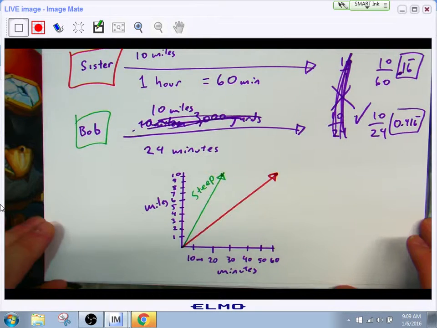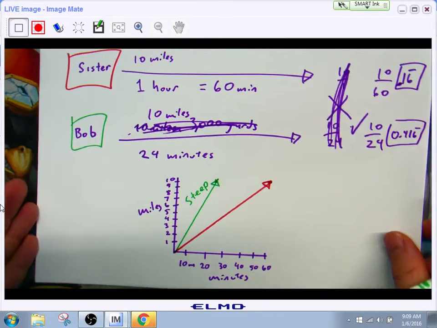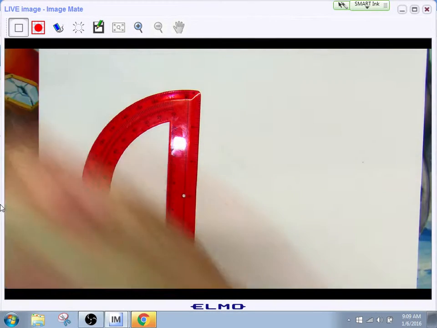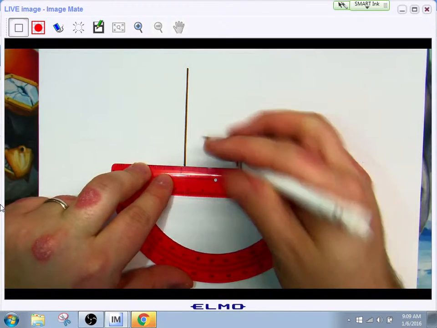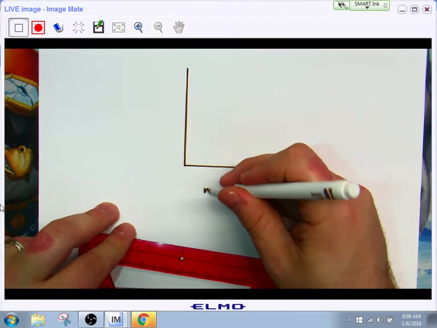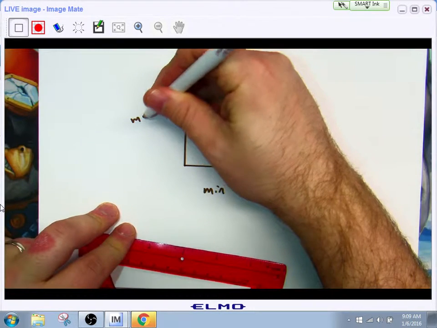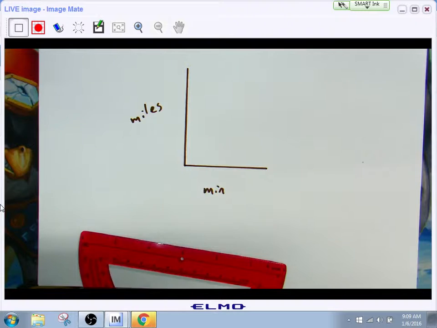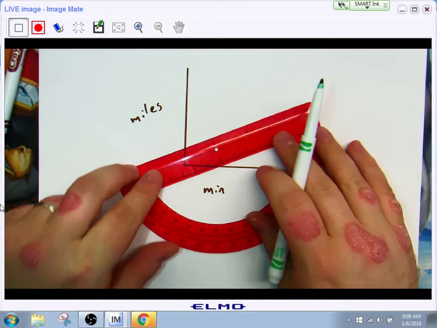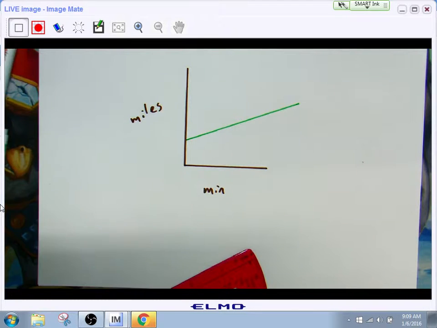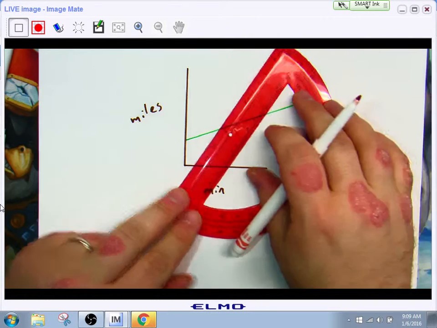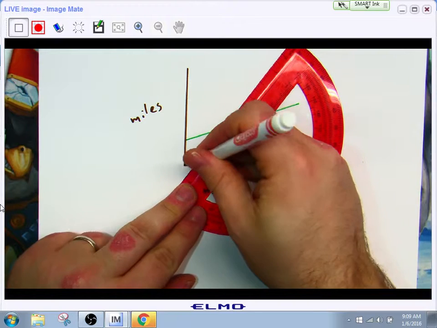If I were to give you, with no context whatsoever, a similar sort of graph, okay, so I'll say this is minutes, this is miles, okay, and I have one line going like this, and I have another line, maybe they start later, going like this.